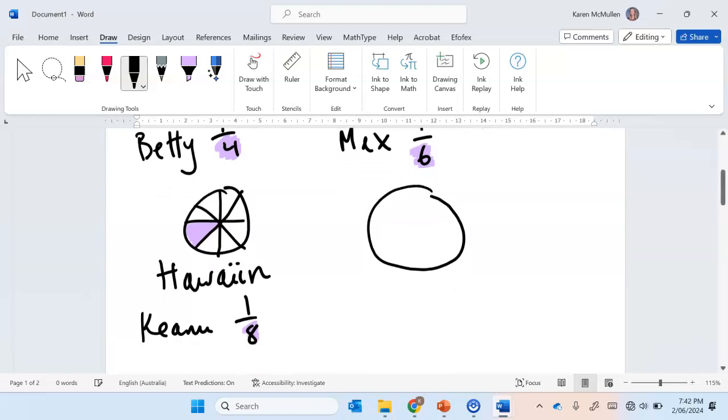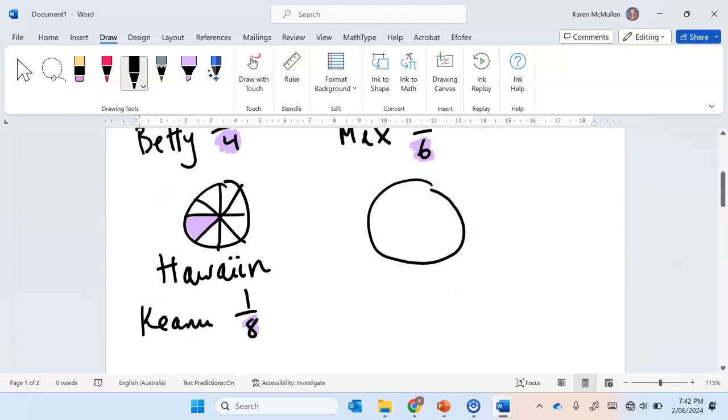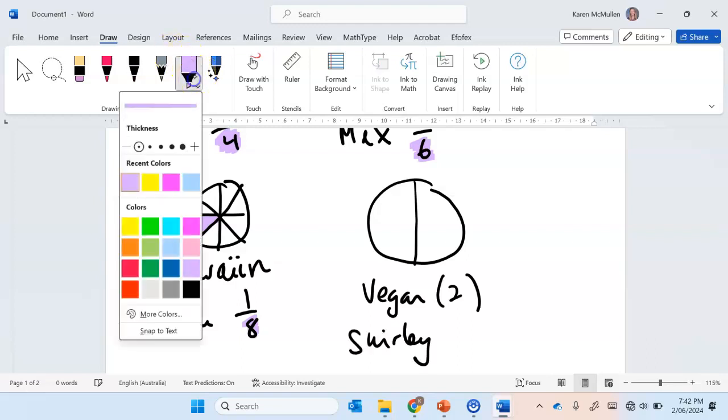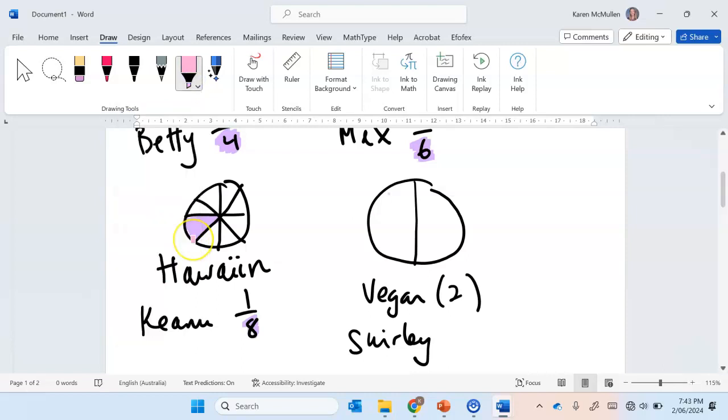And this pizza is, let's say, vegan. And there's only 2 vegans in the group. So it's split in half. And Shirley is vegan, and she's like, great, no one else is eating my vegan pizza, so I get half of that pizza.